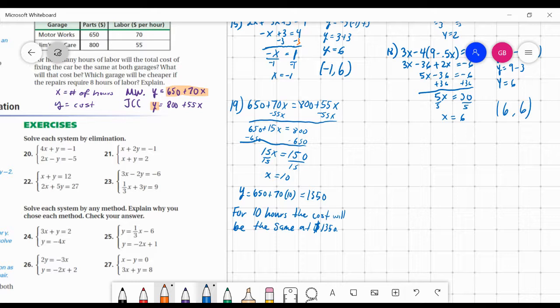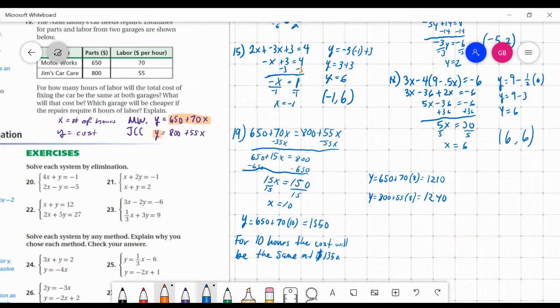Okay. Which garage will be cheaper if the repairs require 8 hours of labor? Well, for that part, we have to plug in 8 for each one. So let's do that. So 70 times 8 plus 650 is 1,210. This is for MW. And then for the other one, 55 times 8 is 440 plus 800, 1,240.